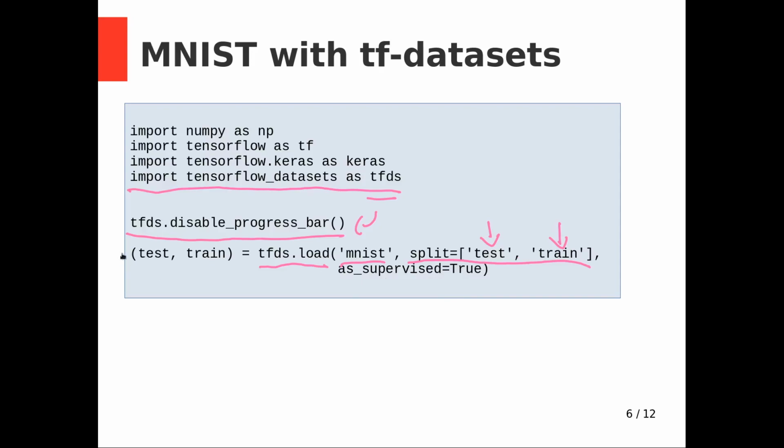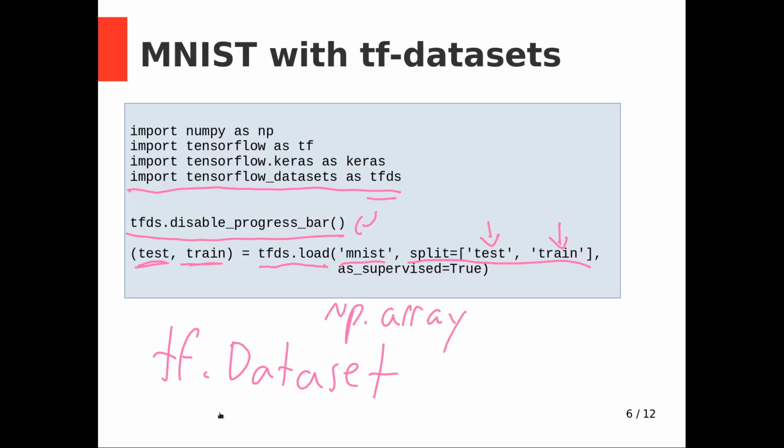It's going to yield those two in a tuple that we can then unpack into a test and train data set. What this is actually going to do is return us a tf.data.Dataset. If you were hoping it was going to give us a nice numpy array, no such luck. It's going to give us a TensorFlow dataset.